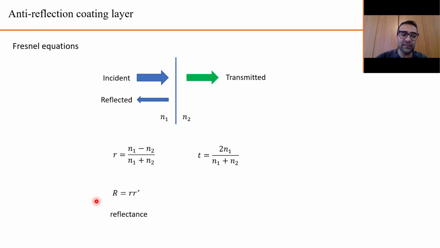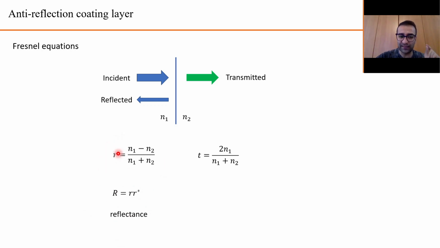And to calculate intensity, indeed we multiply the wave by its complex conjugate. Therefore, because we measure the fraction of the intensity or power that is reflected or transmitted, we need to calculate this capital R, that is r times the complex conjugate of small r. And this coefficient is known as the reflectance.